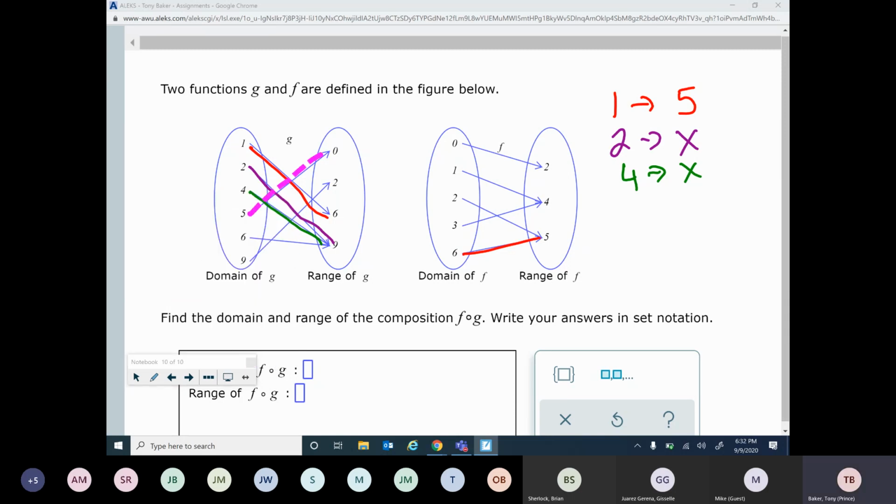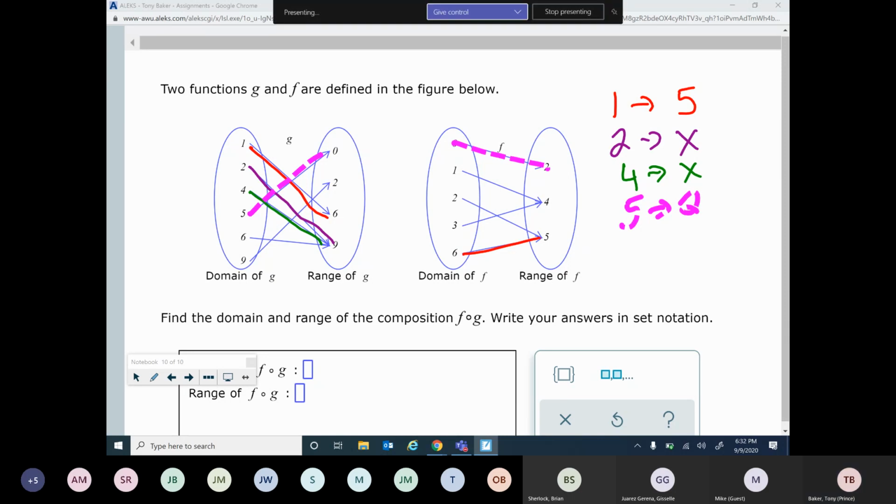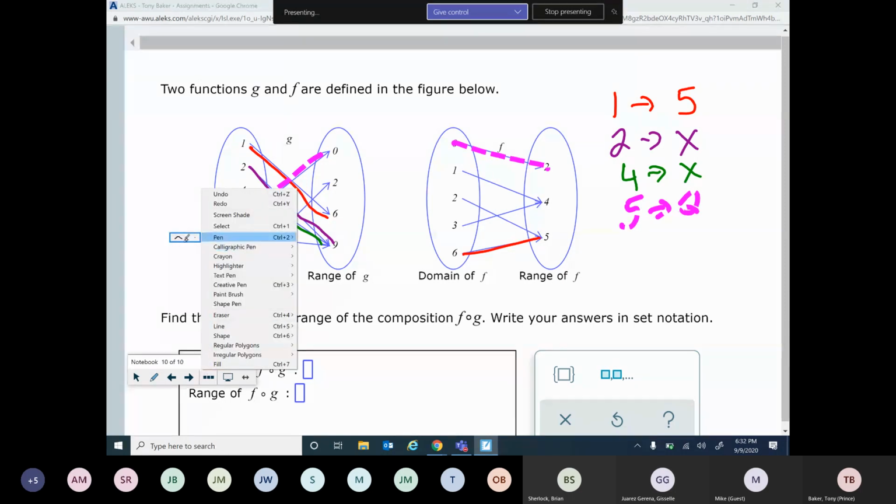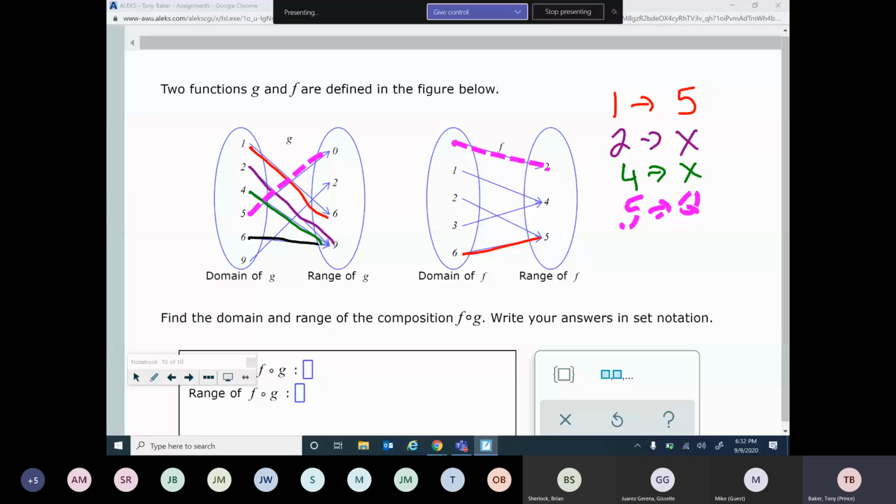Then 5 goes to 0. And 0 goes to 2. So 5 goes to 2. Then we look at 6. 6 goes to 9, so 6 doesn't work. 9 goes to 2.